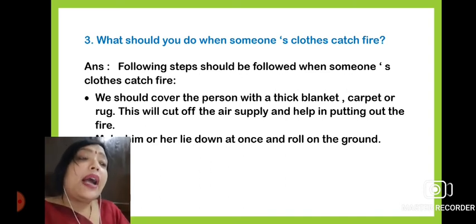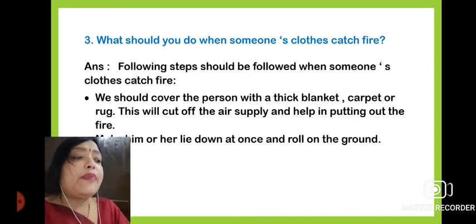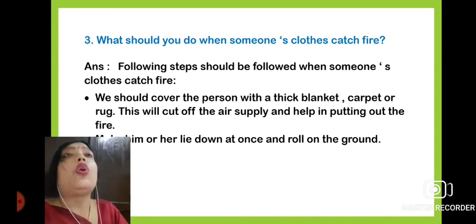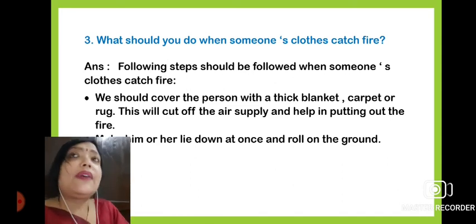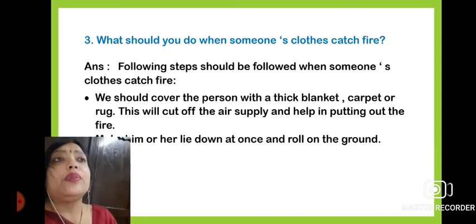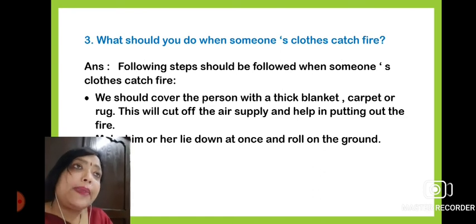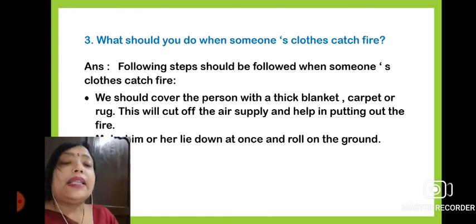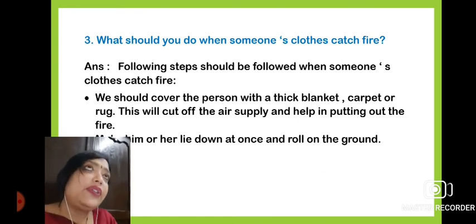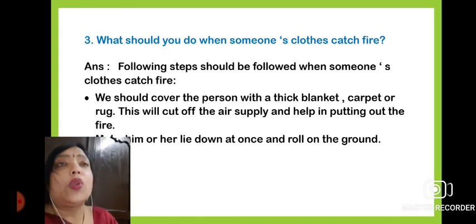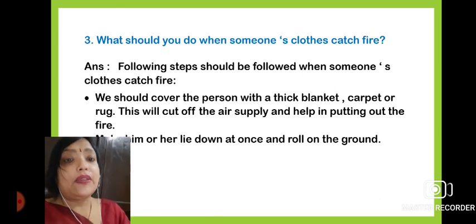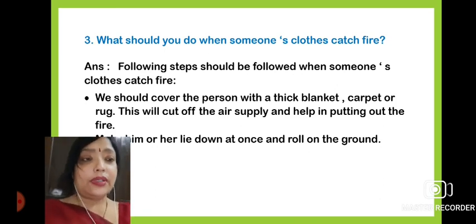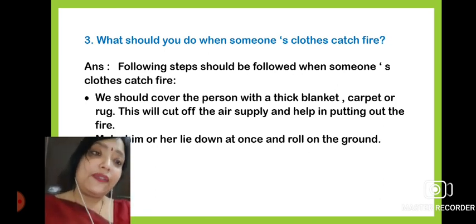And also after that, we have to make him or her lie down and roll on the ground. Rolling on the ground will gradually subside the fire. It is not advisable to take the person and put them in water, as that can cause damage. But if you apply these methods, like covering with a thick cloth and making the person fall on the ground and roll, that will reduce the fire.